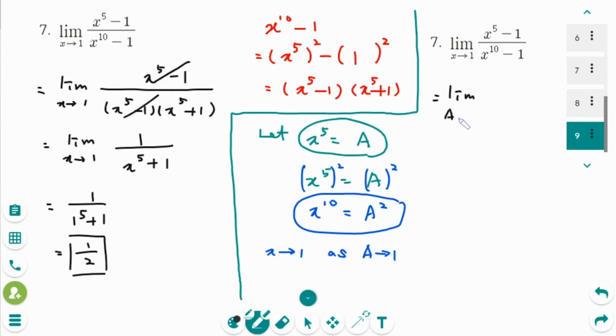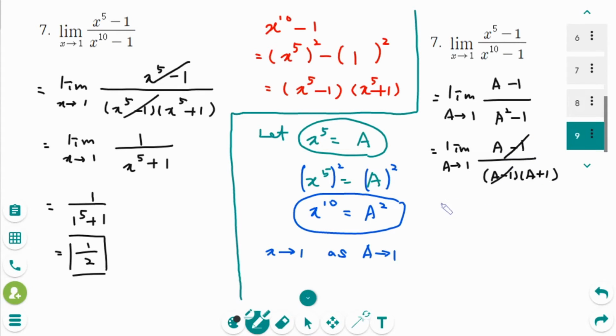So limit a approaches 1, a minus 1 over a squared minus 1, which is a minus 1 over a minus 1, a plus 1. Then cancel the common factor. So put 1 into a, so 1 over 1 plus 1, which is 1 over 2. That is the answer.